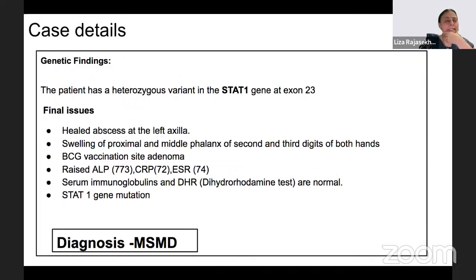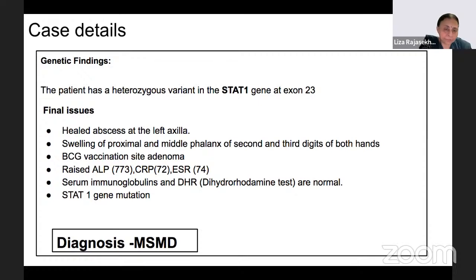So in this case, after we thought of IEI, because we did not have the flow cytometry set up for this pathway, we went for an NGS and we found that the patient had a variant in the STAT1 gene at exon 23. If we recap, this patient has had an osteomyelitis and possibly a BCG site vaccination site adenoma, and a STAT1 deficiency.